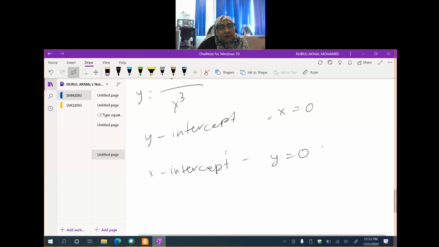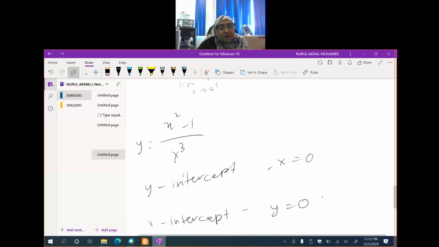Can you please check it for me? x is equal to 0: 0 minus 1, negative 1, you divide by 0.